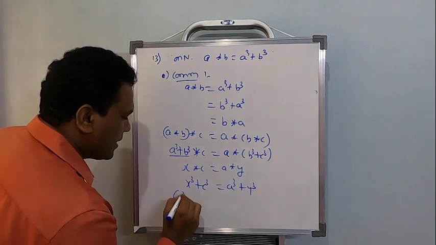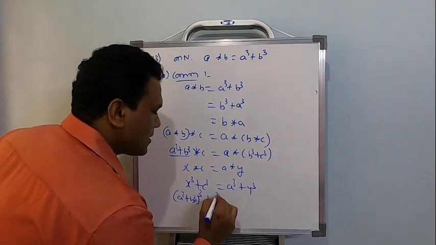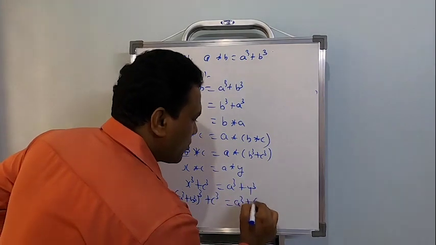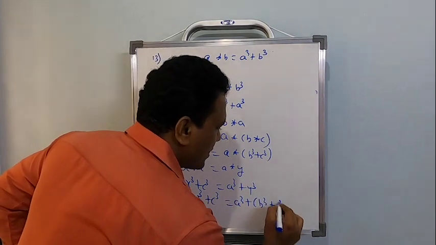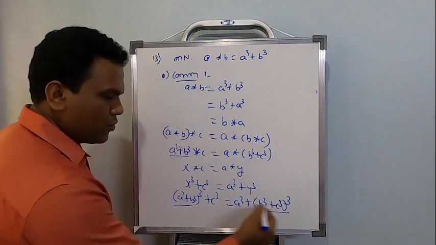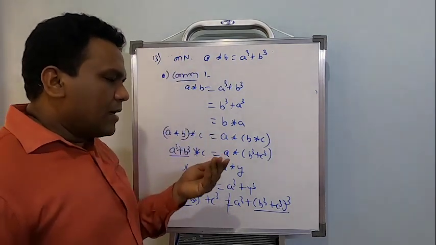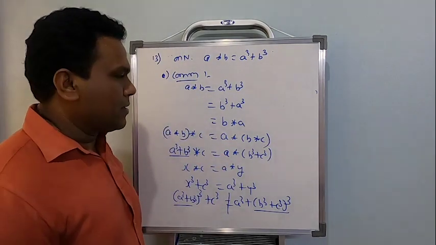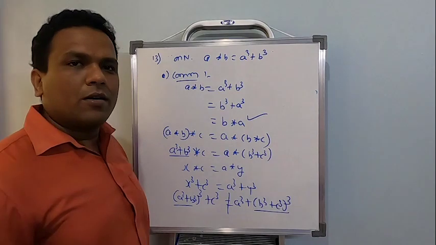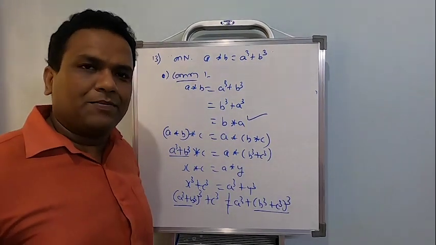X value is a cube plus b cube, so the cube of that plus c cube equals a cube plus (b cube plus c cube) the whole cube. Certainly on expansion of these two, you can never find LHS equal to RHS. Hence, the given operation is only commutative but not associative. So it's according to option B.